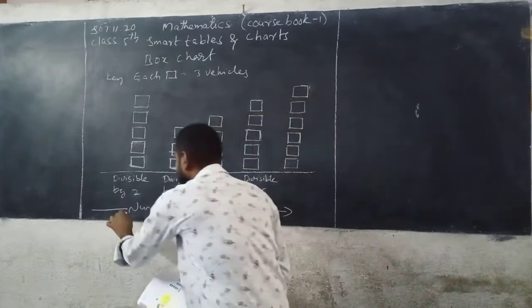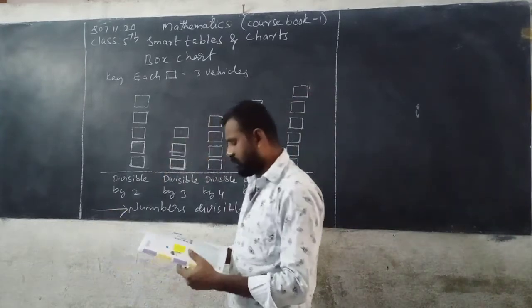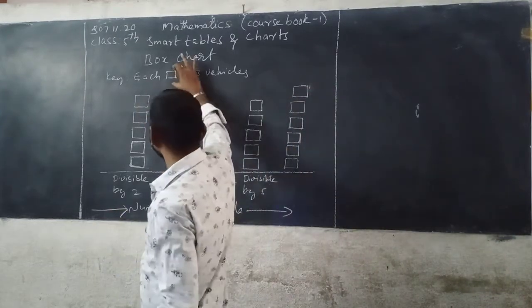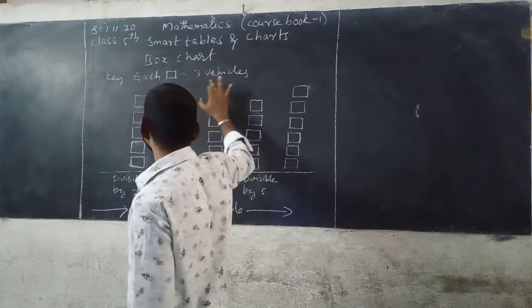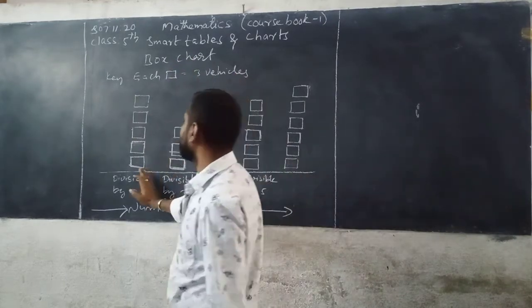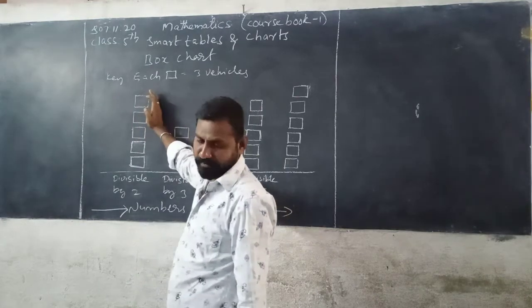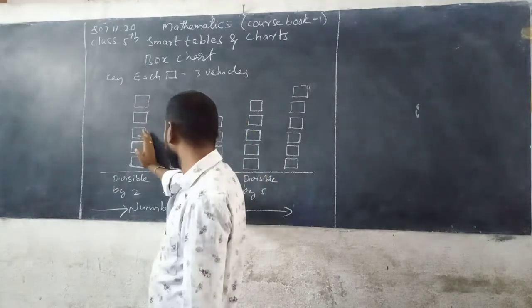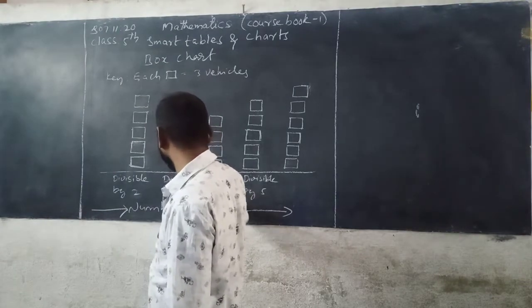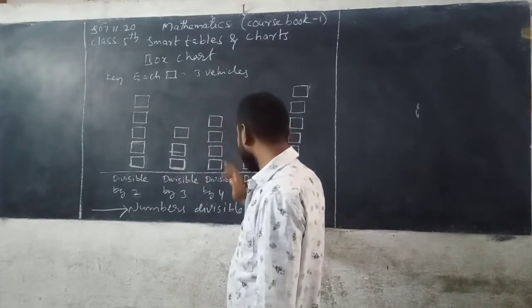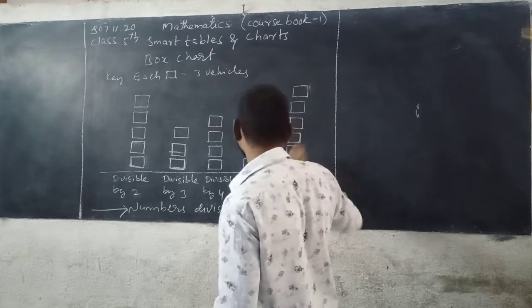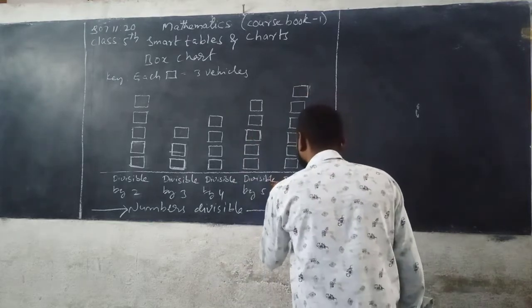One square box can represent three vehicles. Divisible by 2 means the vehicle number is divisible by 2. These are the vehicle numbers which are divisible by 3, by 4, by 5, and this is divisible by 10.